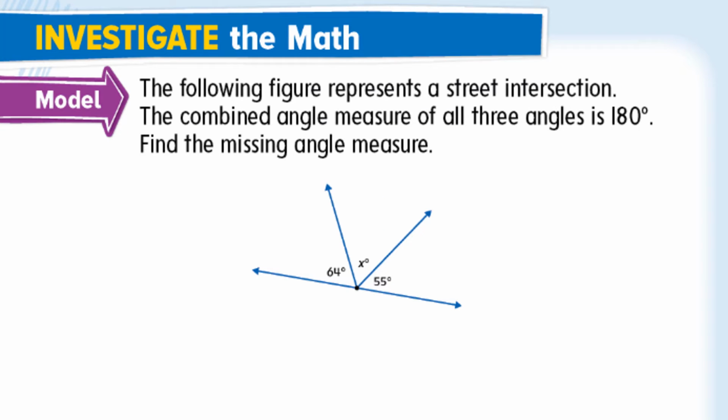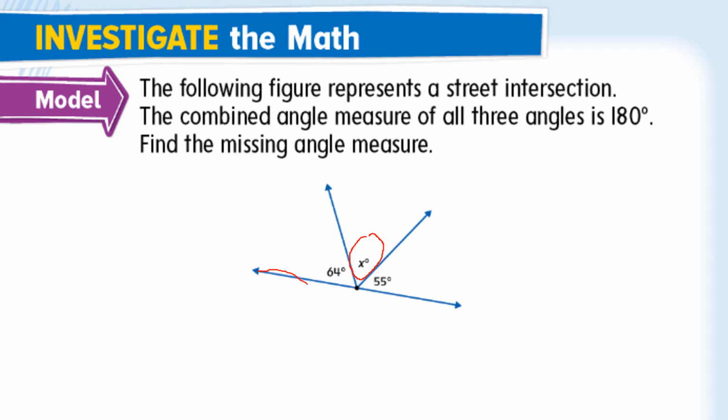So let's take a look at this one. It says the figure represents a street intersection. The combined angle measure of all three of the angles together is 180 degrees. So we're to find the missing angle, and you can see which one is the missing angle because it has X right there. There's a couple ways we could do this.